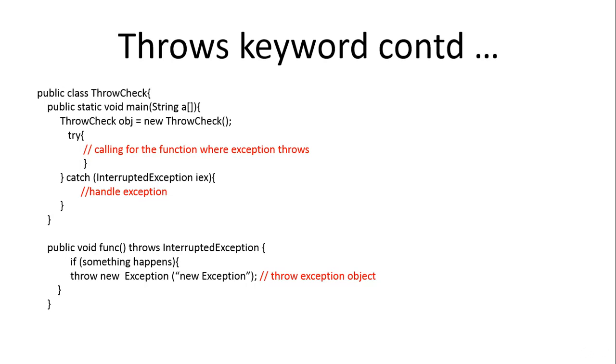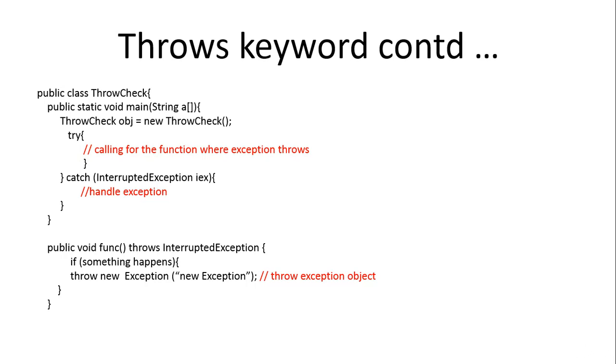So let's examine the method after that. FUNC throws InterruptedException. It's a signal that this method can throw InterruptedException, that is shown with the throws clause.